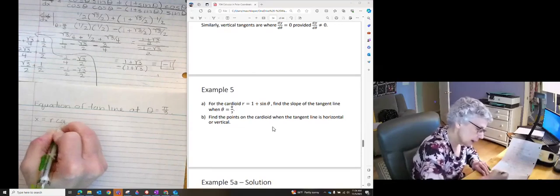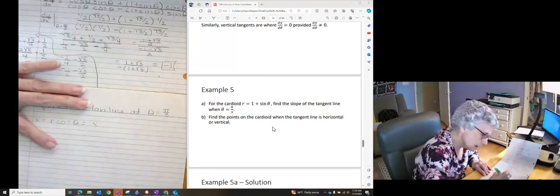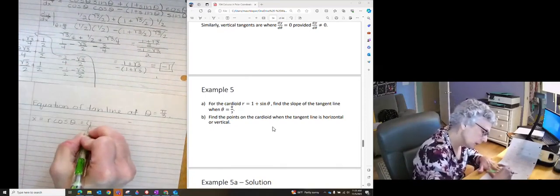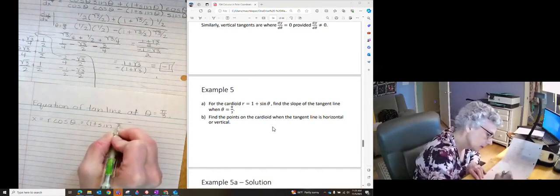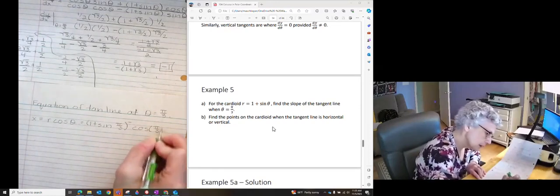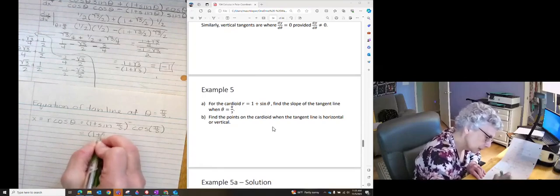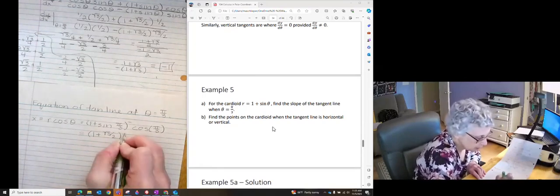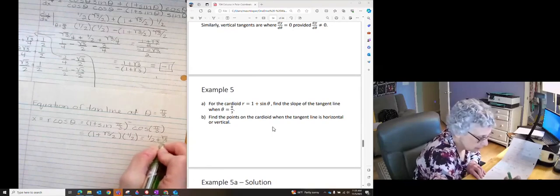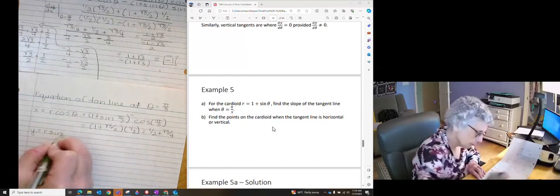Then you would need to figure out x, which is equal to r cosine theta. x at pi over 3 would be equal to 1 plus sine of pi over 3 times cosine of pi over 3, which would be equal to 1 plus square root of 3 over 2 times 1/2, 1/2 plus square root of 3 over 4.